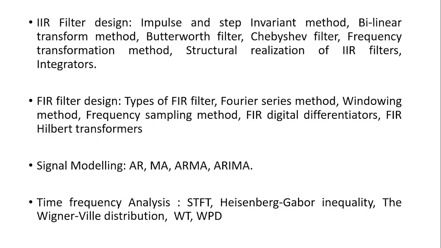Similarly in filters, when you give an impulse input, either the response will be for a prolonged period of time, or it will come down very quickly. If the response comes down very quickly, then it is called an FIR filter, and if the output response is for a prolonged period of time, then it is called an IIR filter. So we'll be discussing the different types of filters and how to design them.